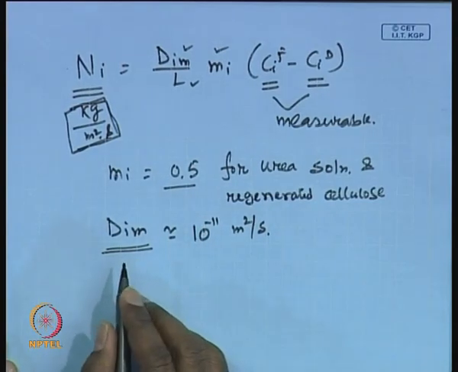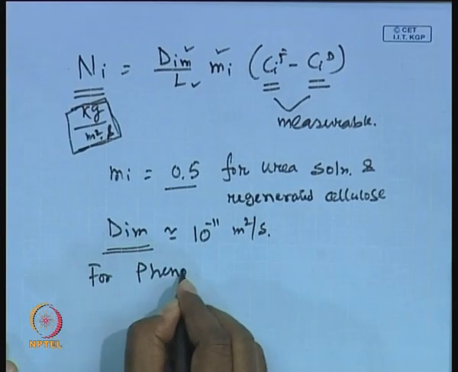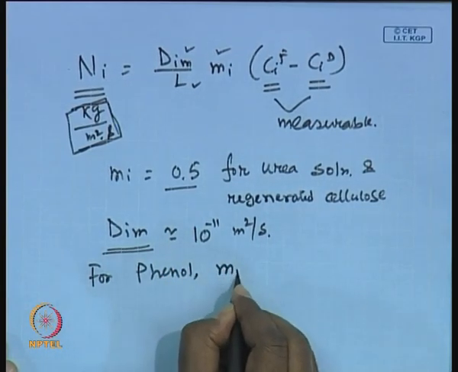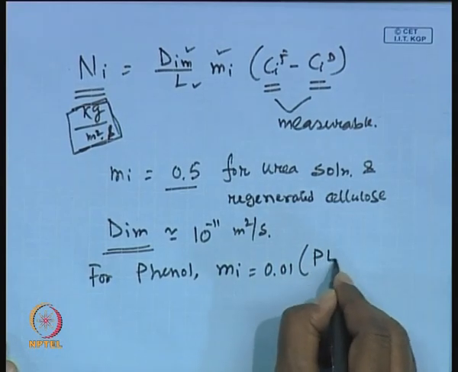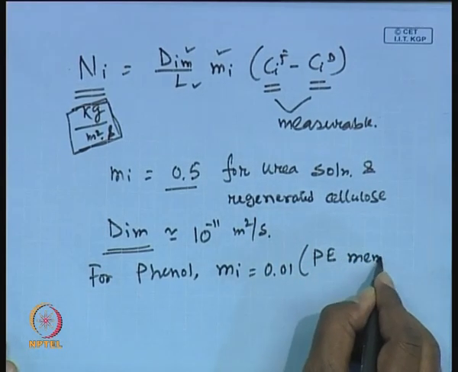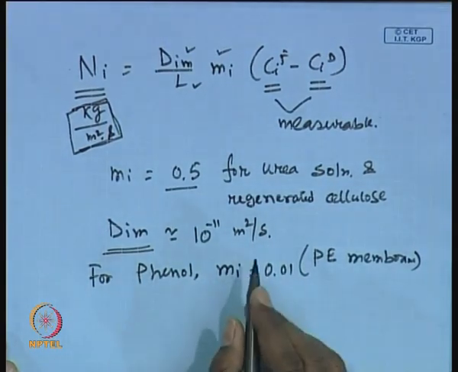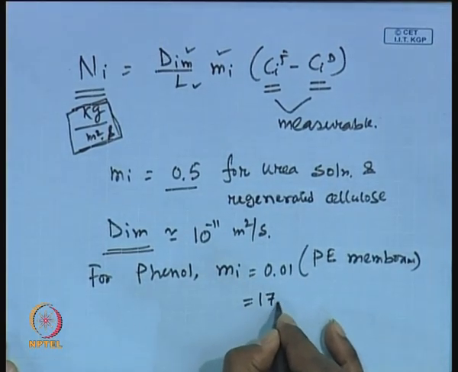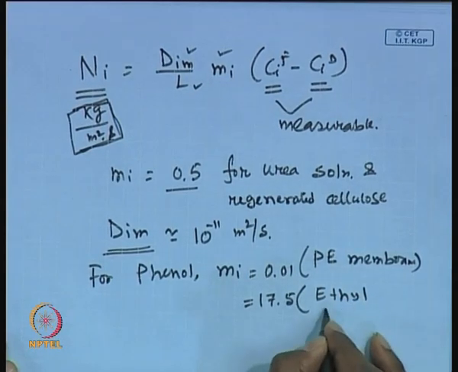Another estimation, for phenol, Mi is equal to 0.01 if polyethylene is the membrane material. So, it is a function of membrane material as well, and this is equal to 17.5 if ethyl cellulose is the membrane material.